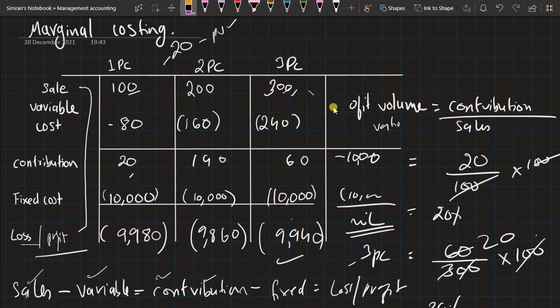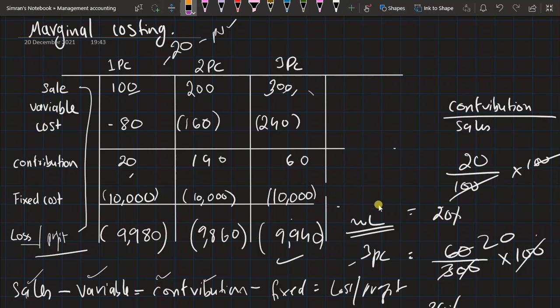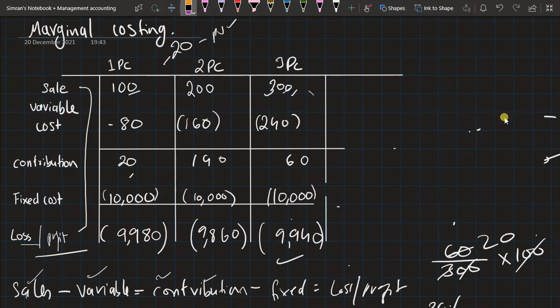So in order to get the break even point, we need to go through the calculation. How will we do it? The contribution per piece is 2 times, so we will divide the contribution with 2.